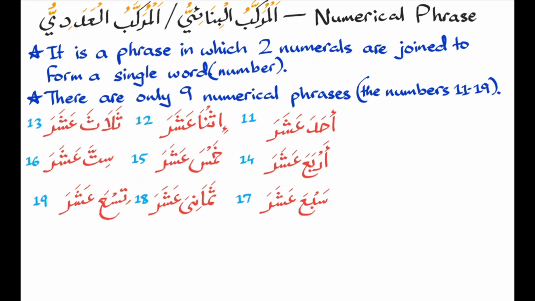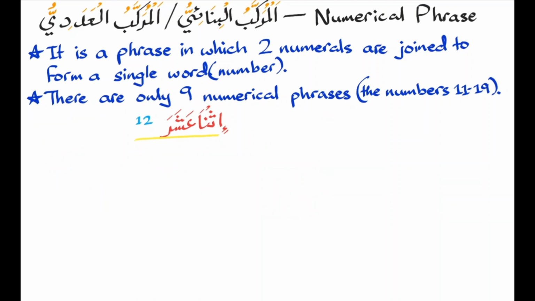The only exception is ithna ashara, 12, which is this one right here. In ithna ashara, the second part, which is ashara, will always be maftuh. It will never change. But ithna, which is the first part, will change.